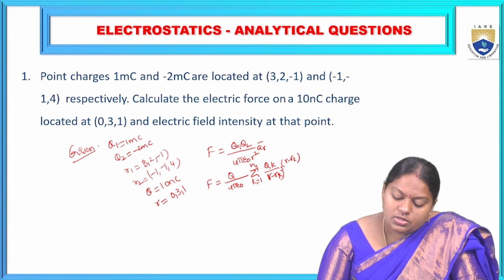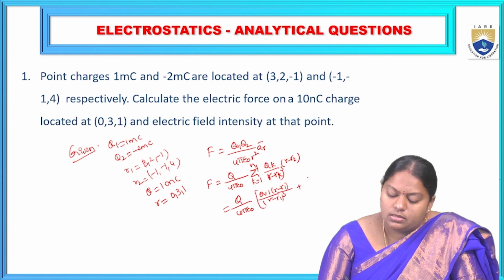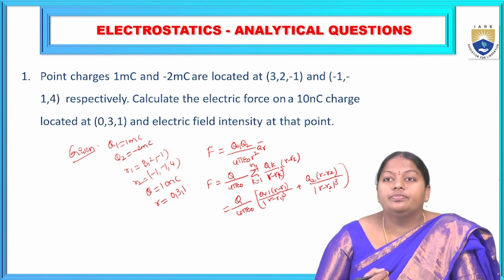Right? So if you substitute k by 1 and 2, then Q by 4 pi epsilon naught into Q1 into (R minus R1) by modulus of R minus R1 whole cube, plus Q2 into (R minus R2) by modulus of R minus R2 whole cube. Right?